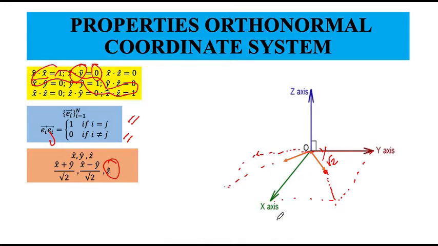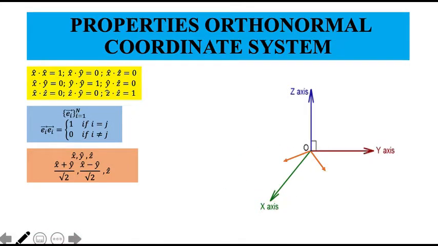I know that each of these angles is 45 degrees, because this is 90 degrees, it's an orthogonal system. So this is 45, this is 45, and together it is 90.